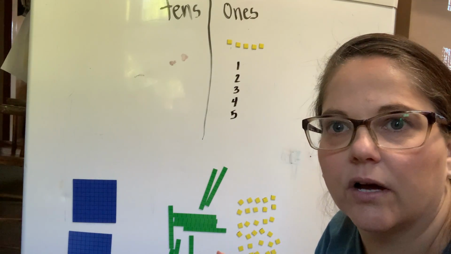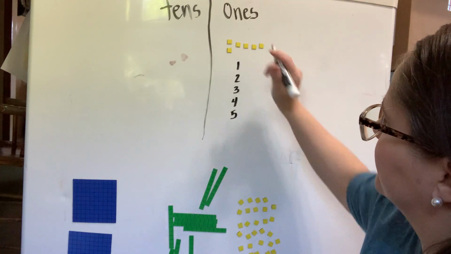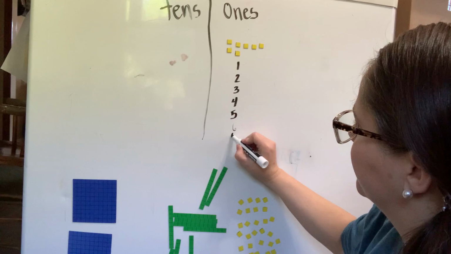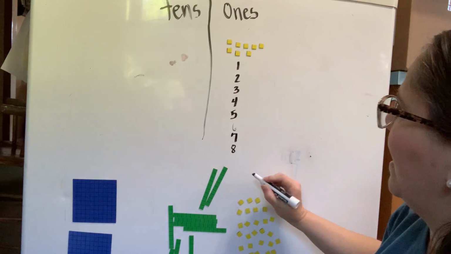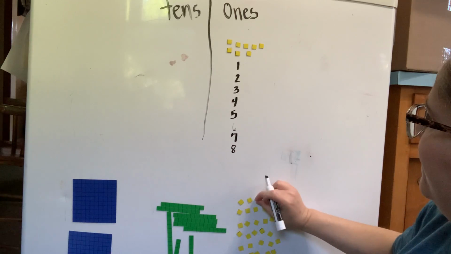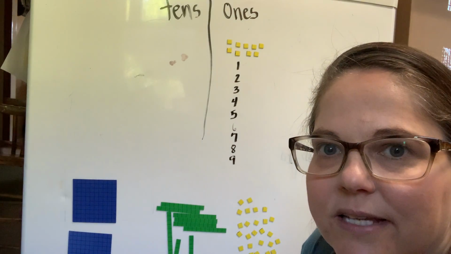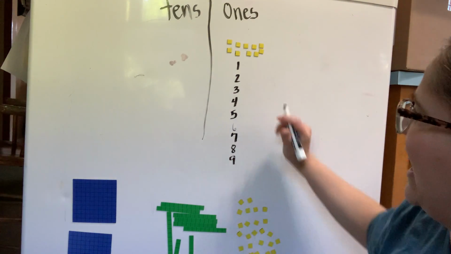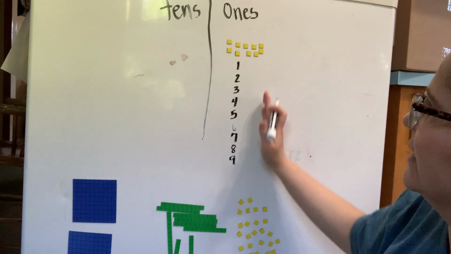They all are single digit numbers. I can have 6. I can have 7. I can have 8. I can have 9. But here it is. As soon as I get a bundle of 10, I can't have 2 numbers living in this house.